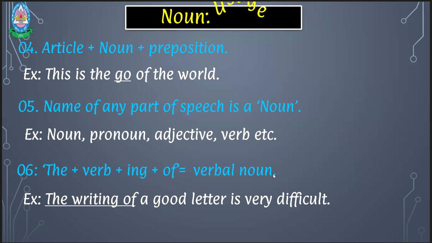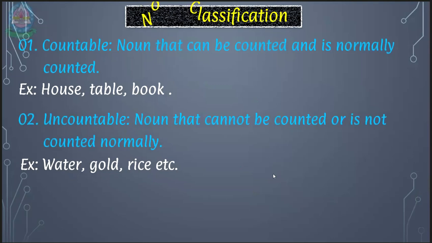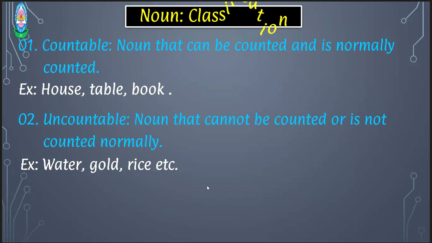Go for the next one. That is the part of classification. You know, classification is important. Noun can be classified on the basis of visibility. So if you want to classify them on the basis of visibility, you will find two types of nouns.